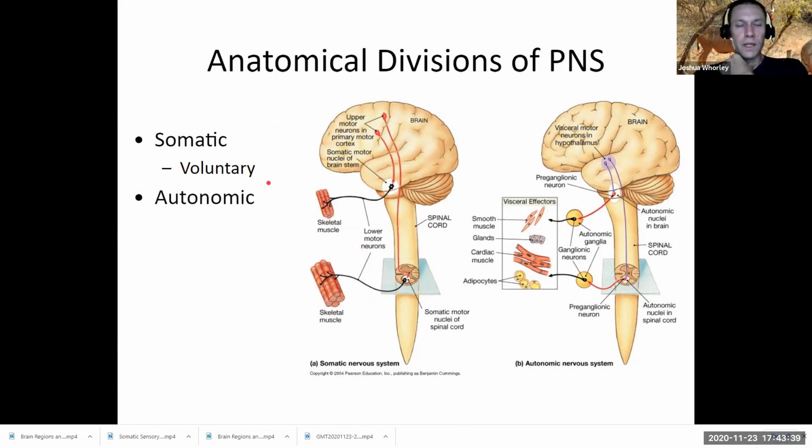That's voluntary. And then there's the autonomic, or also called the visceral, or the involuntary. That's all the things that we're not really conscious of the processing of that particular sensory input, nor are we conscious necessarily of that output. Sometimes we are, but we're certainly not in control of it.